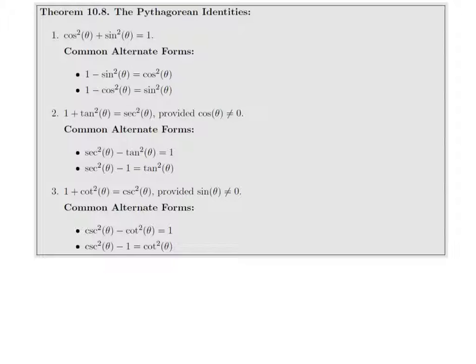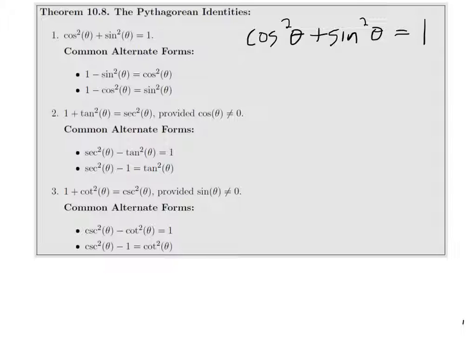So starting with cosine squared theta plus sine squared theta equals 1. These other common alternative forms are very useful to recognize, and you will see them when you do identities that are coming up later in this section.